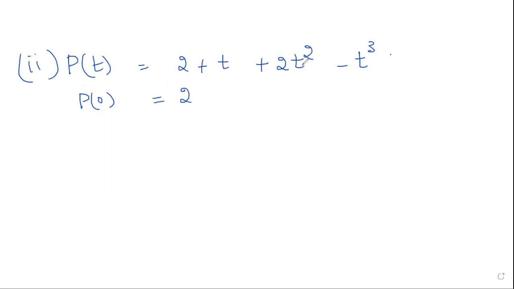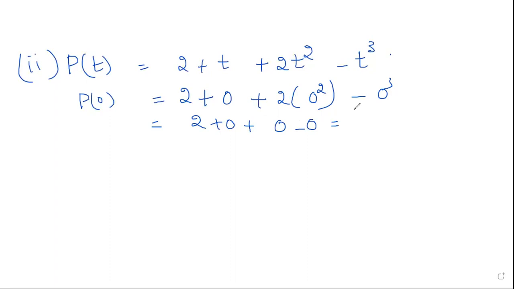T. Okay, we have only t in all the terms. You have to substitute 0 in place of t. Plus 2 into t is 0, so 0 square, 0 cube, that is equal to 2 plus 0 plus 2 into 0 is 0 minus 0. The answer is 2.